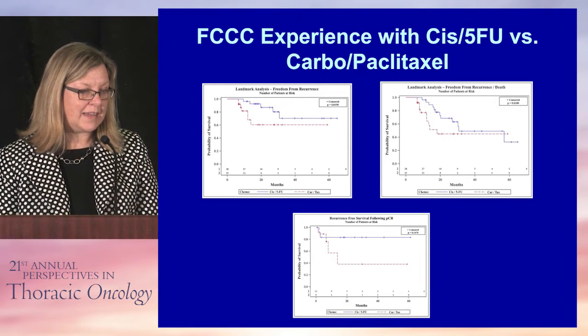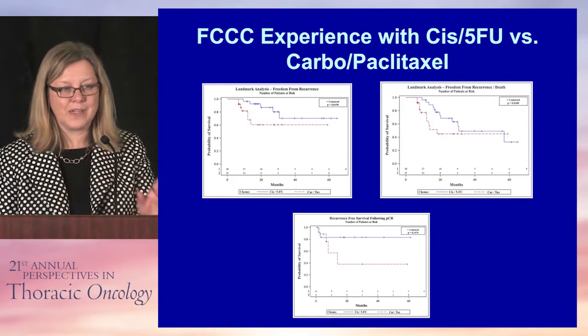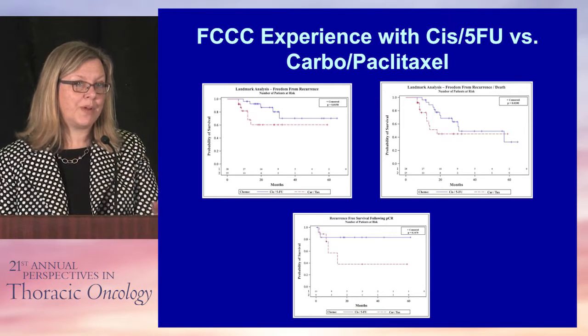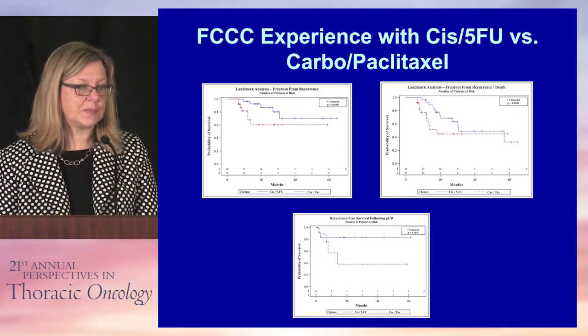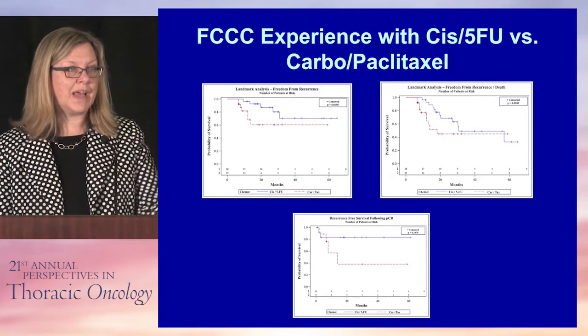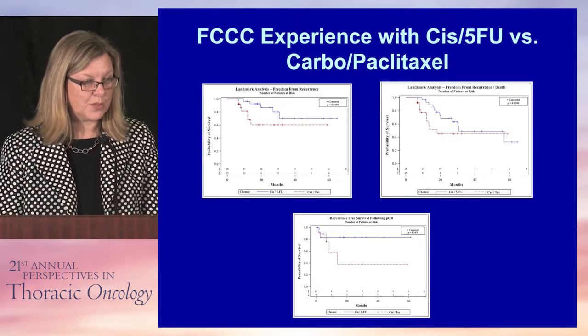And so obviously this is not randomized data. There may have been a little bit more of a bias to pushing towards cisplatin for patients who were fitter, as well as for patients probably who were a little bit more worried about their disease. And the cisplatin was used for many years before the carboplatin-paclitaxel schedule was adopted.